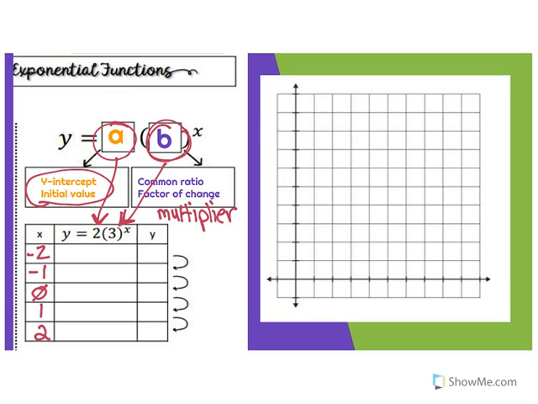We're going to put that x in for our exponent, okay? So I don't have enough room, but we're going to do y equals 2 times 3 to the x power. In this case, we're going to take it to the -2 power, okay? And again, in class, I will show you how to do that on your calculator on your phone.